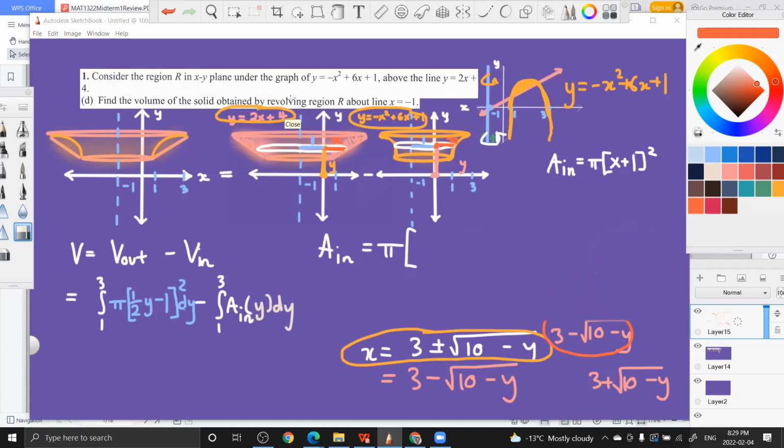Yeah, so Andrew said the point on the right is in the area. Yeah, you're absolutely right. That's another way to think about this. So x is 3 minus the square root of 10 minus y, and then we've got to add the plus 1. Don't forget the plus 1 here. Also a very easy mistake to make.